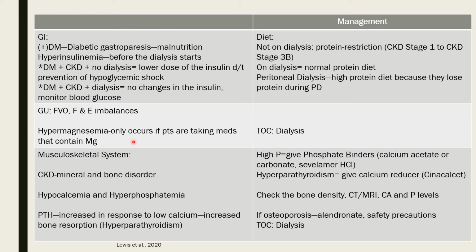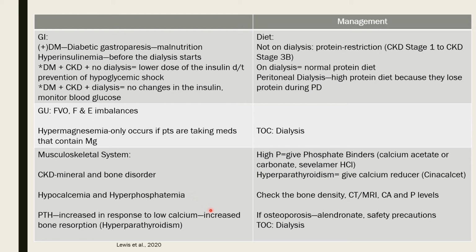Okay. With the musculoskeletal system, they are at risk to develop mineral and bone disorder because of the imbalances in their electrolytes. Their calcium and phosphorus are not in good shape, and that can also affect the parathyroid gland.